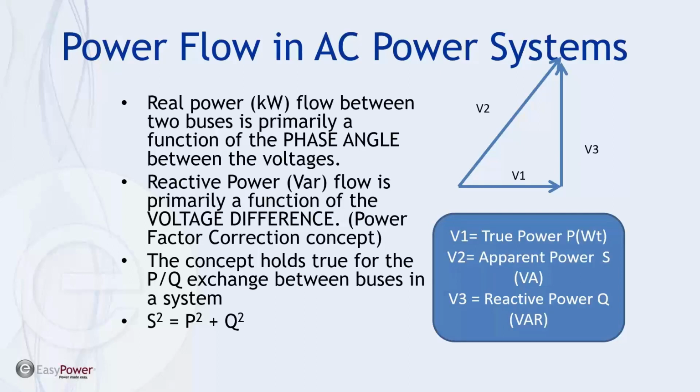The result, which is calculated by taking the square root of the sum of the squares of the other two components, is called apparent power. And you've got the old Pythagorean theorem that gives us the result.